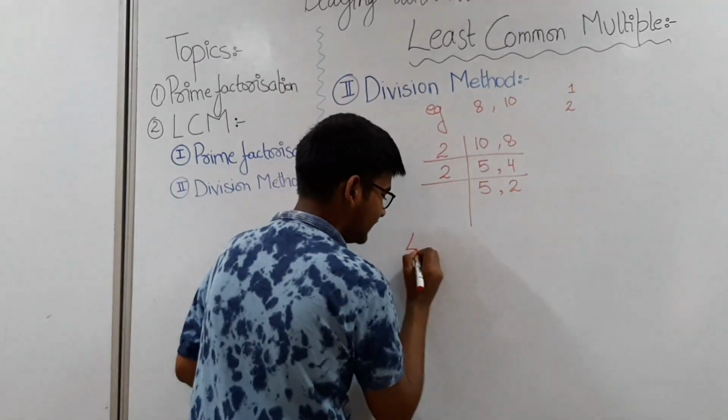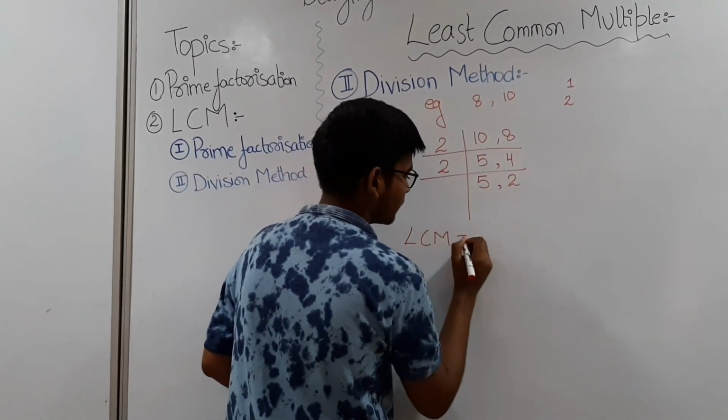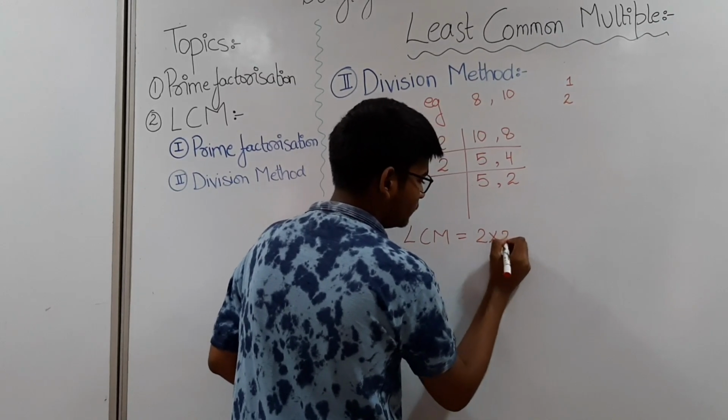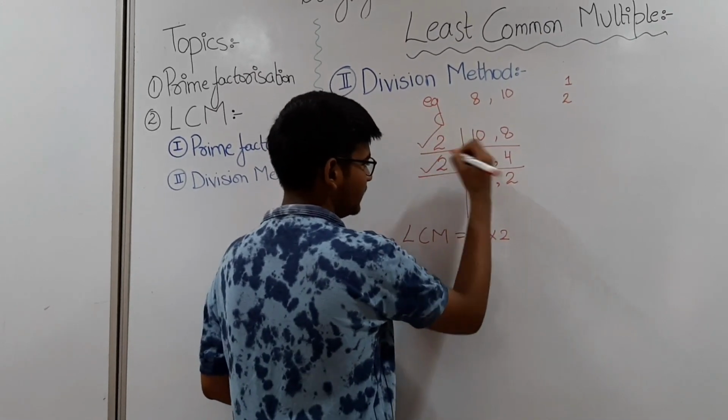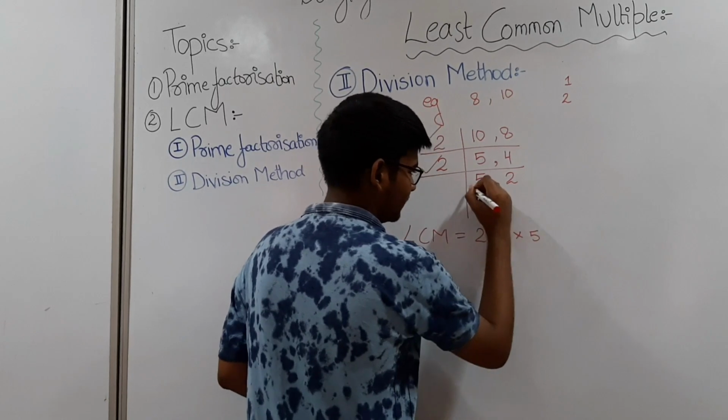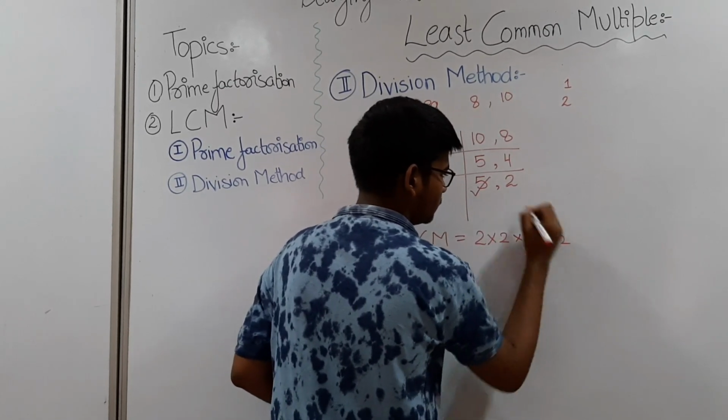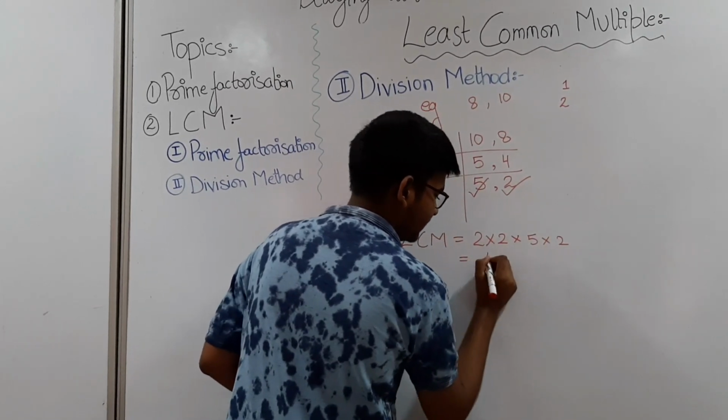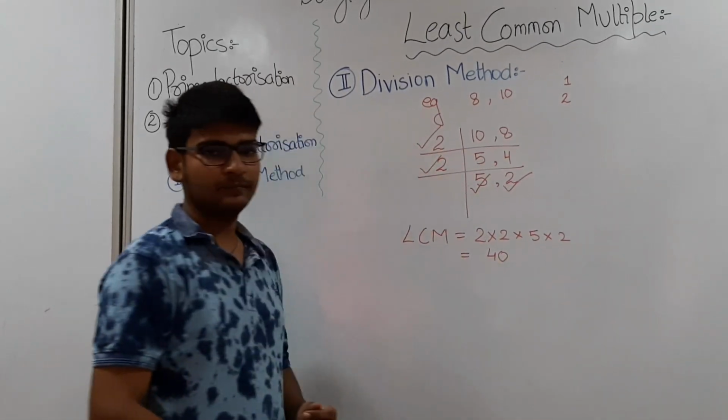So here the LCM will be 2 into 2, 2 into 2, into 5, into 2. That will again come out to be 40.